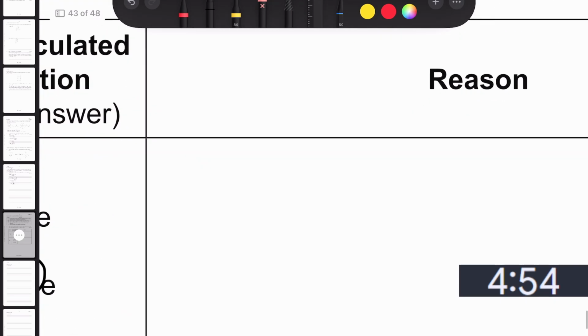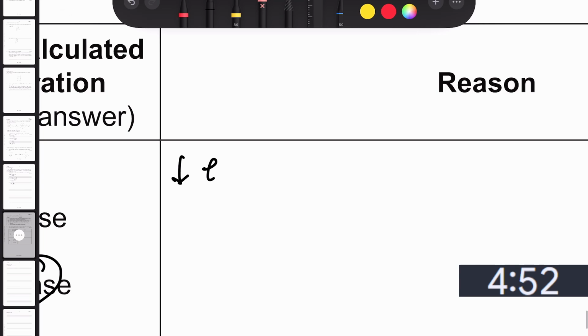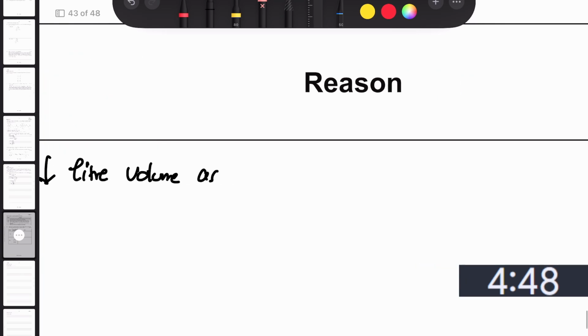So that's going to decrease titre volume, as the reaction is not complete to the endpoint, or to equivalence.